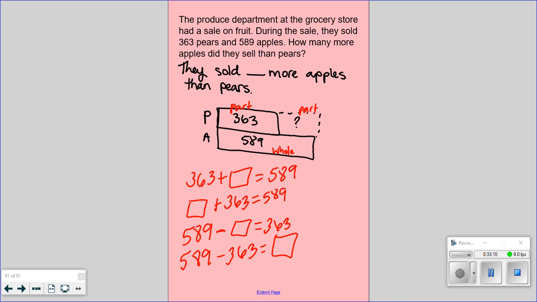But which one looks like something I could solve? Mackenzie? 363 plus mystery number. Are you really good at adding mystery numbers? Oh. Eva? 189 minus 363. Yeah, I'm really good at doing things with numbers that I can see.